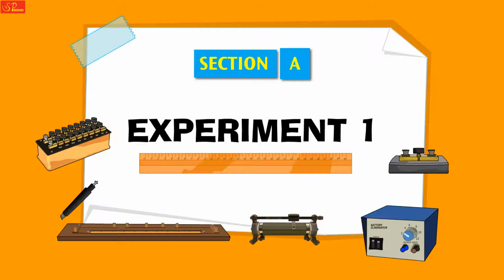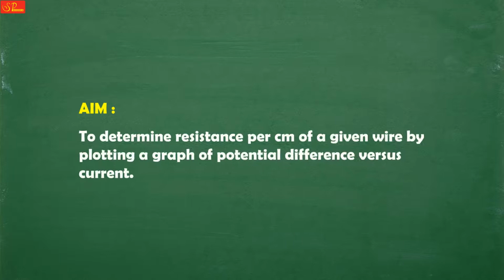Chapter 1 Experiment. Aim: to determine resistance per centimeter of a given wire by plotting a graph of potential difference versus current.